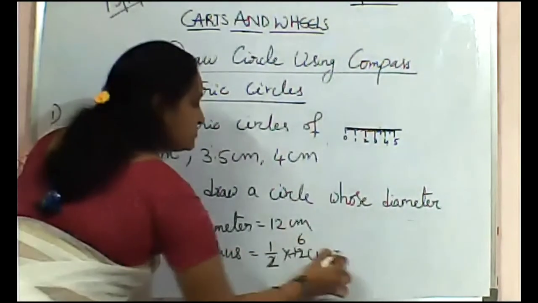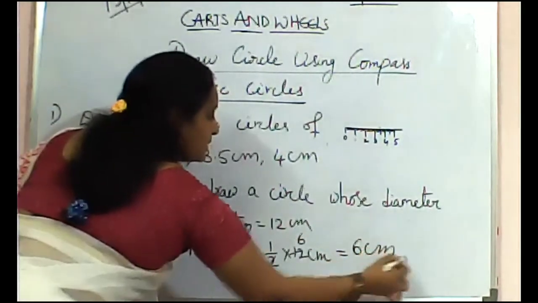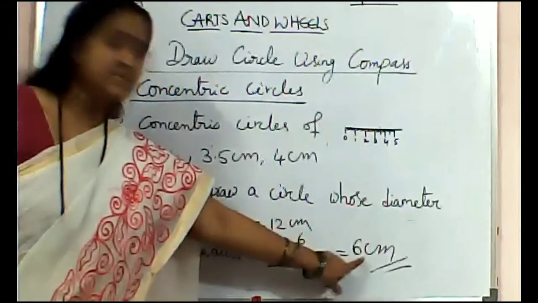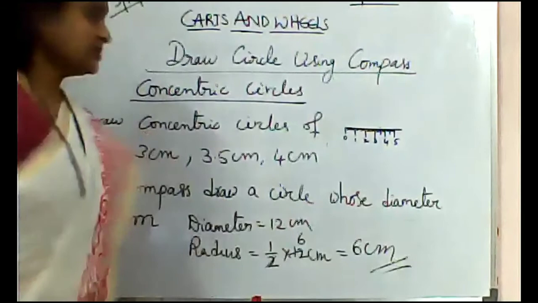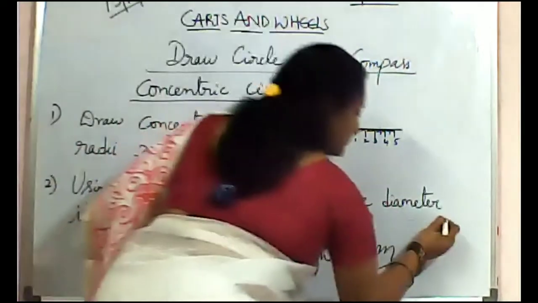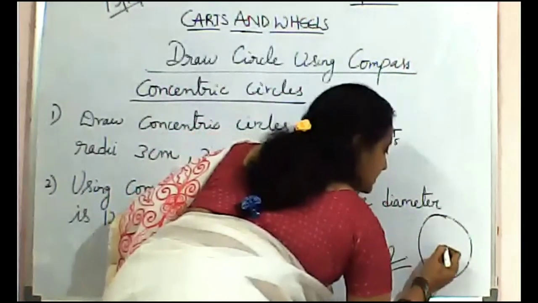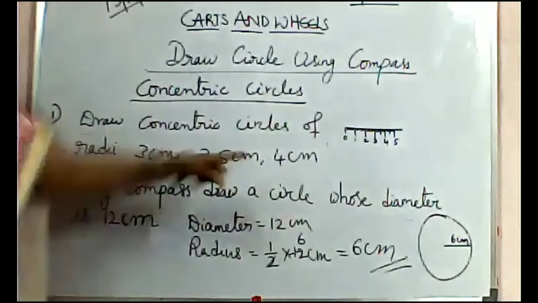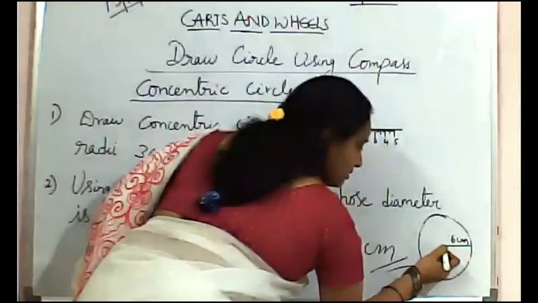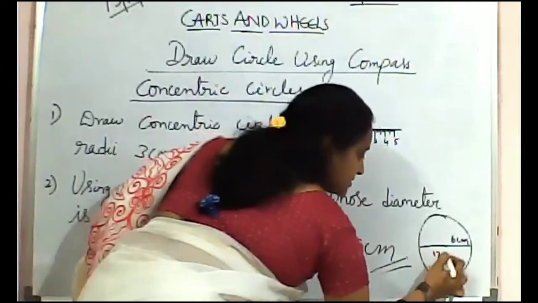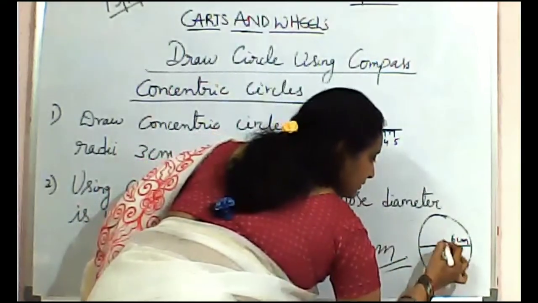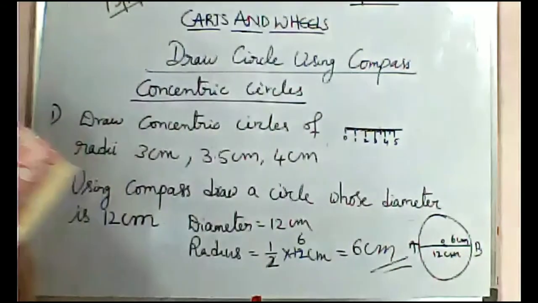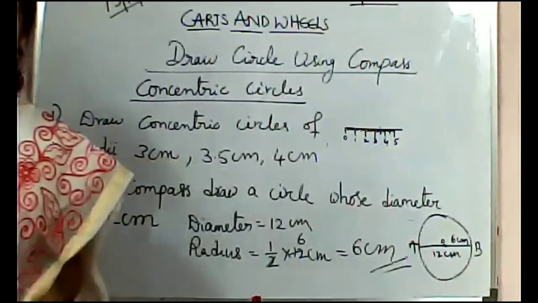So how many will it be? 6. So now you have to draw a circle of radius 6 centimeters. Suppose that is the circle. This is the circle of radius 6 centimeters. But here we need to show the diameter. So join this. This is 12 centimeters. AB is the diameter here, which is nothing but 12 centimeters.